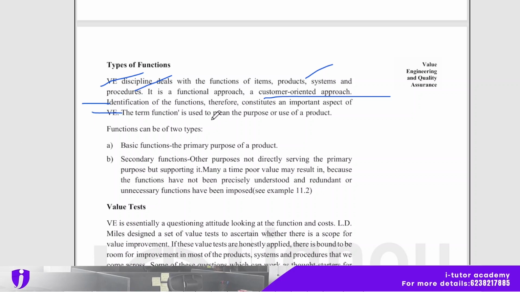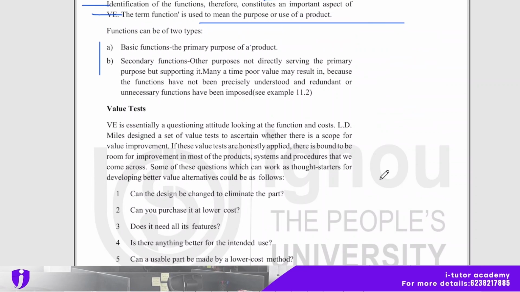The term function is used to mean the purpose or use of product. That is, function is basic function, the primary purpose of a product. The secondary function, other purpose not directly serving the primary purpose but supporting it. And many a time poor value may result because the function have not been precisely understood, and redundant or unnecessary function have been imposed.